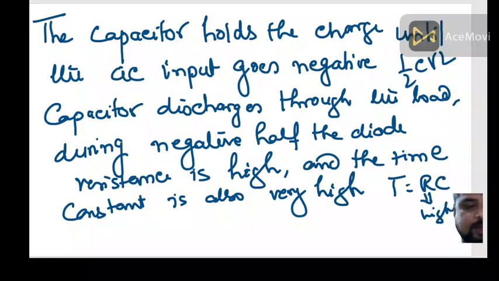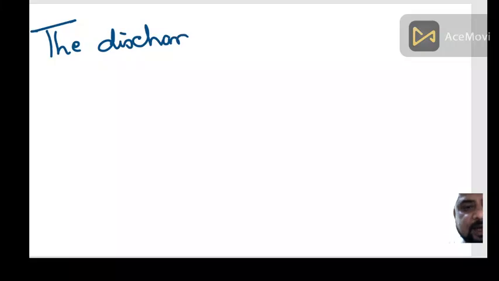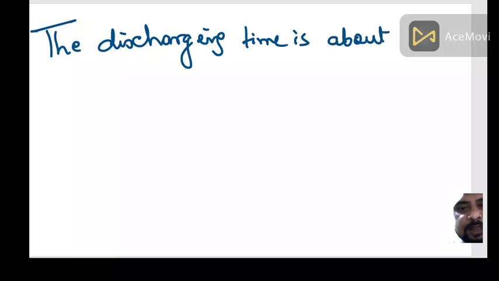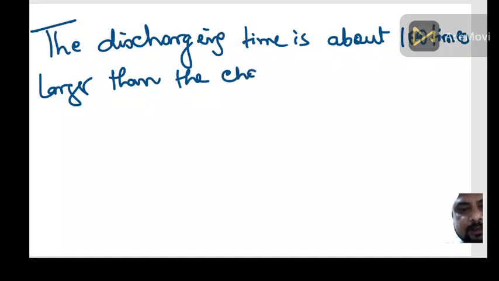Time constant T equal to RC is very high, as this one is high in the negative peak when the diode is reverse biased. Now what is the result? The discharging time is about 100 times larger than the charging time.